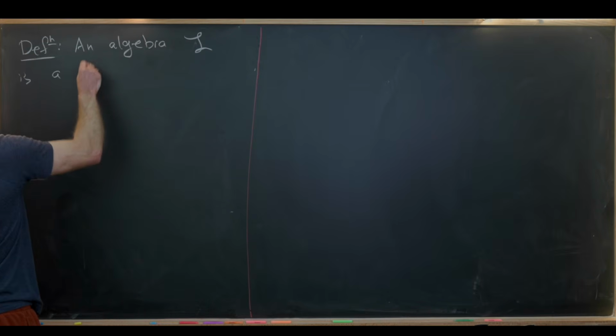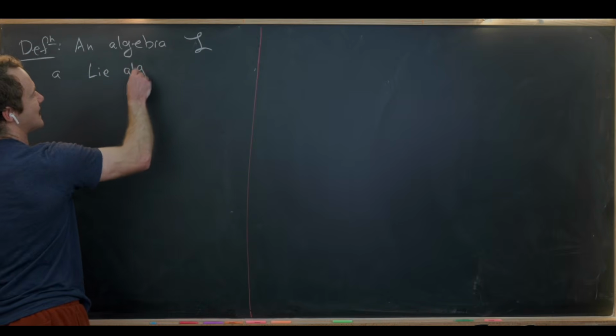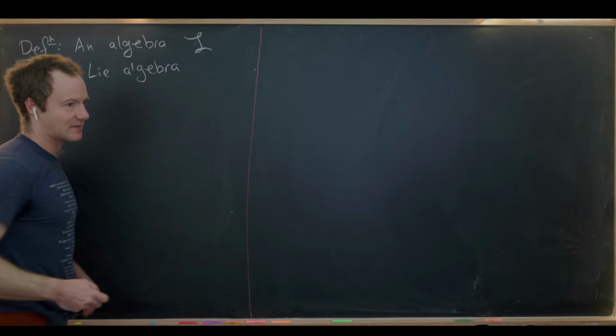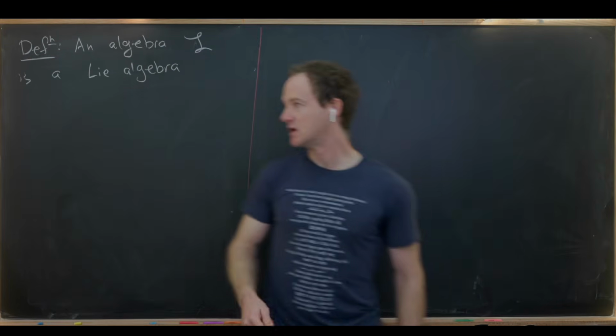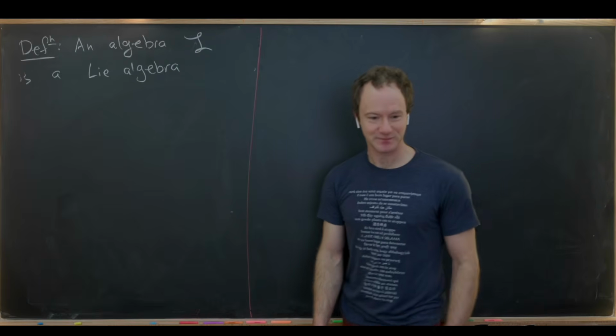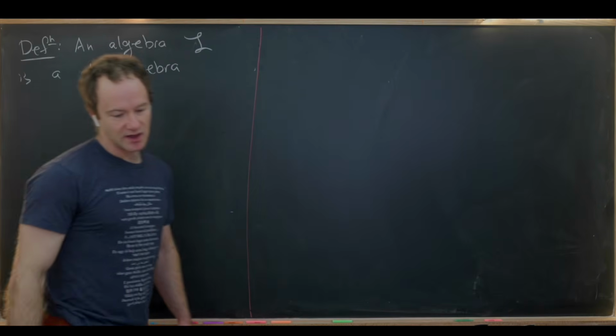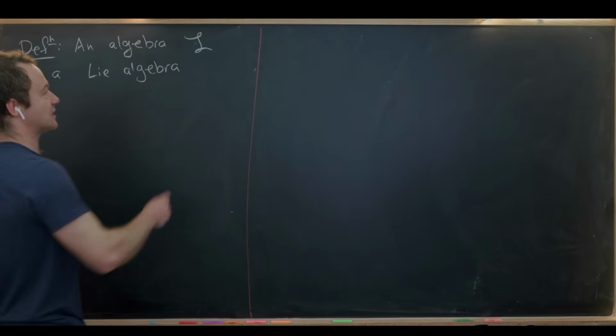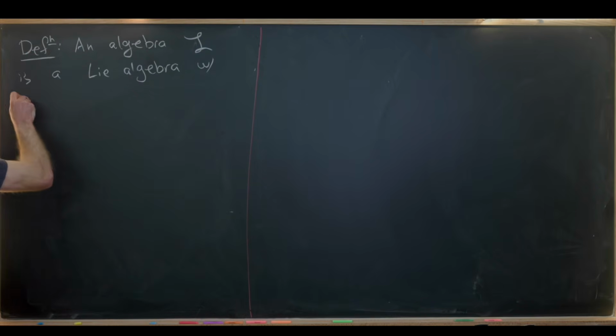L is a Lie algebra. It's named after Norwegian mathematician Sophus Lie, a student of Sylow, of the Sylow theorems. So a Lie algebra has an operation.